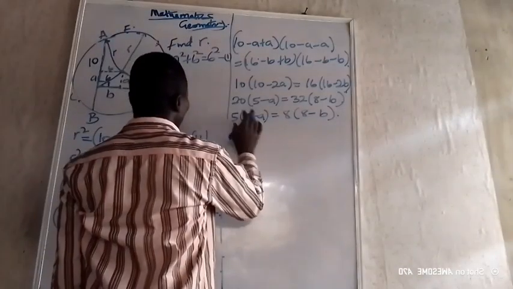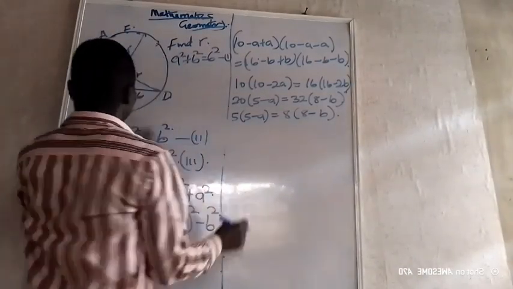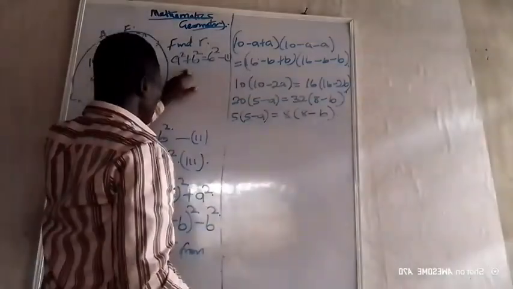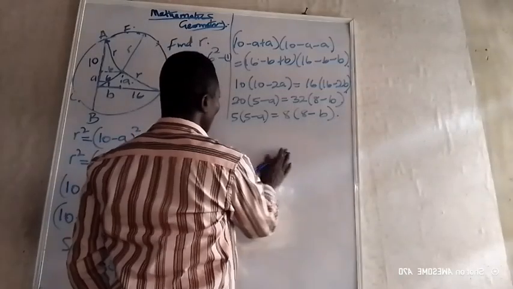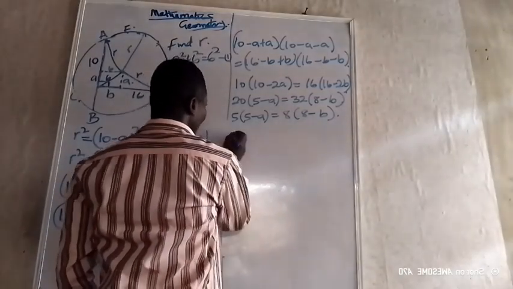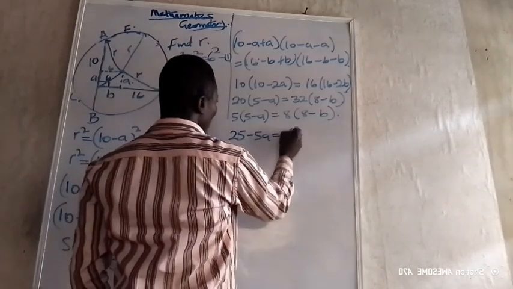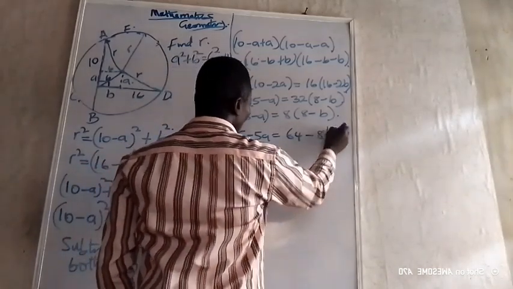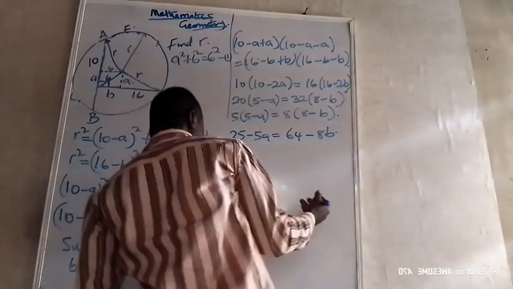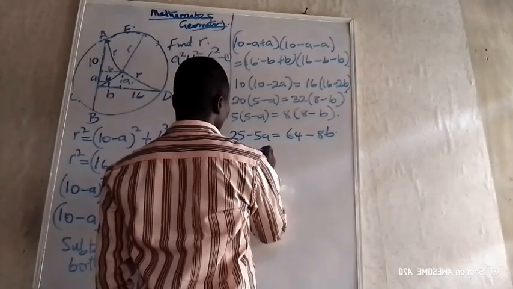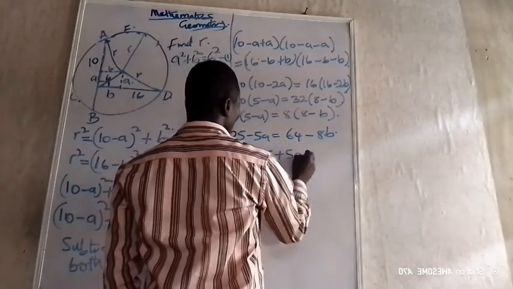Now, if you look at this, we can get b from this equation. Before we go on, let's expand this. I'm going to have 25 minus 5a is equal to 64 minus 8b. So I have 64 minus 25 plus 5a is equal to 8b.